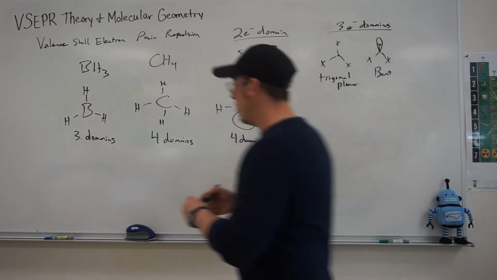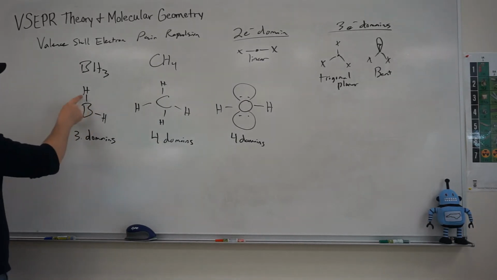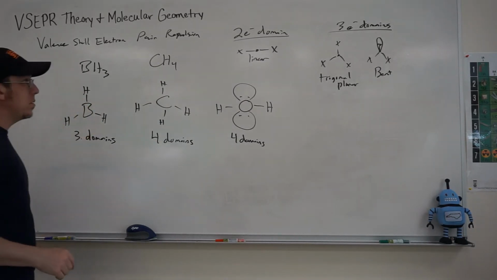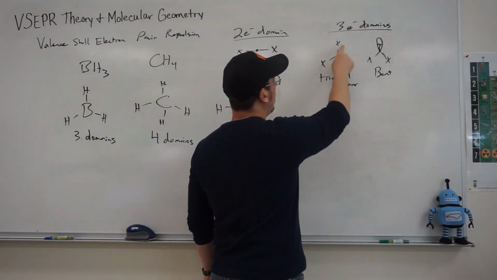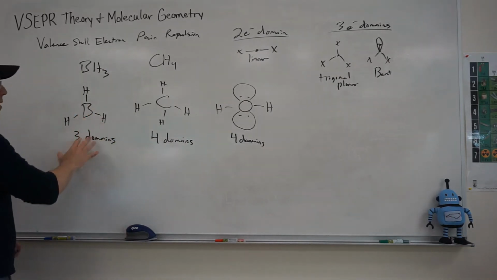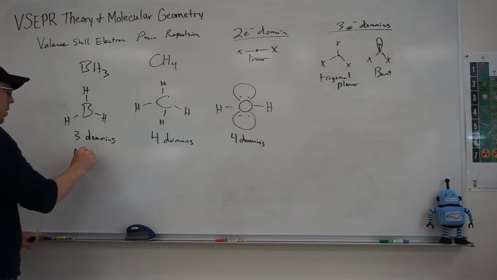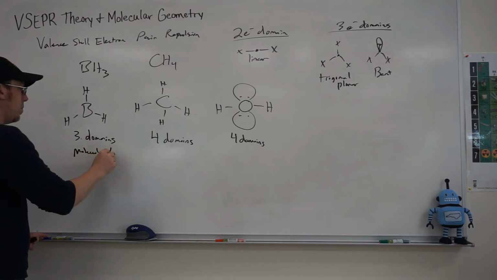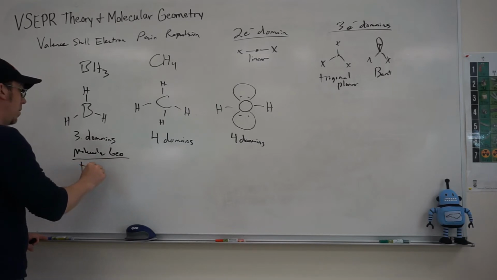When we look at the BH3, we can see that it has 3 bonds that go around it. There are no lone pairs. So I can see that this one has 3 bonds and no lone pairs. So I would say that this has 3 domain geometry, and its molecular geometry is trigonal planar.